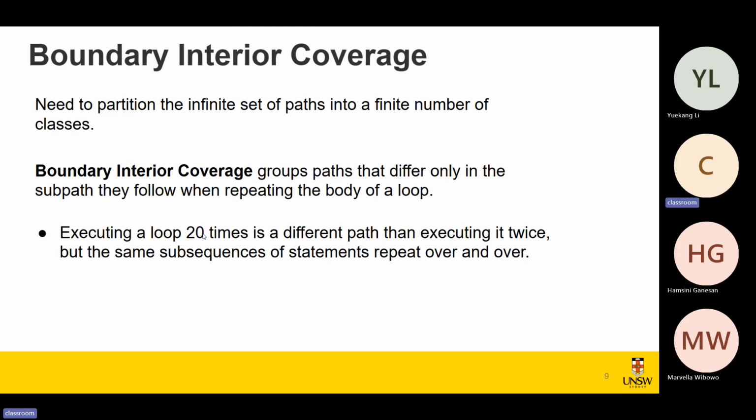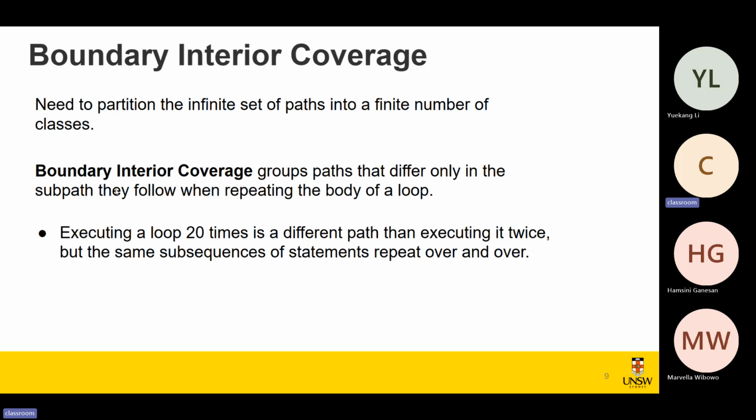And the basic intuition here is that if we execute a loop many times, it will give us a different path than executing the loop just a few times. But we may execute the same subpath inside that loop repeatedly, and this is somehow meaningless.